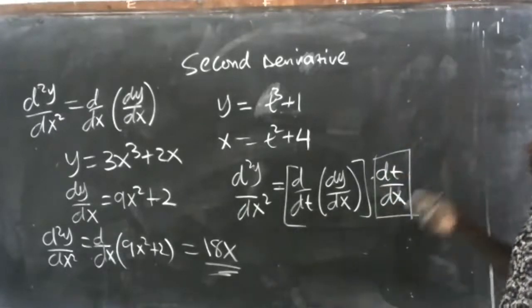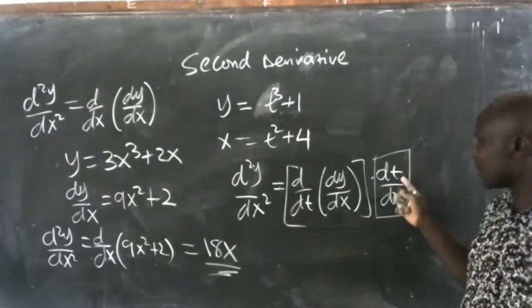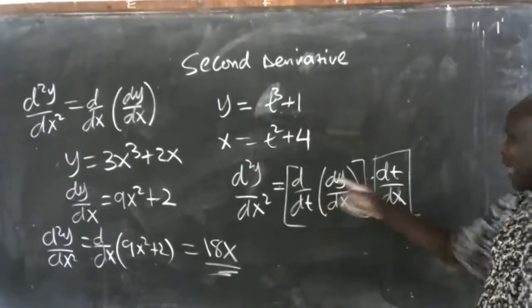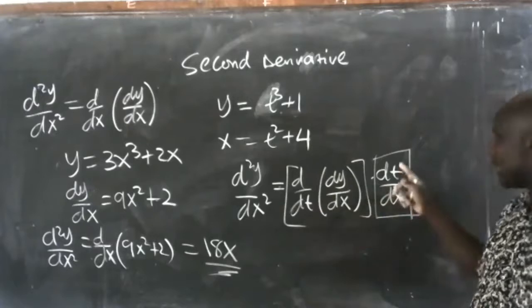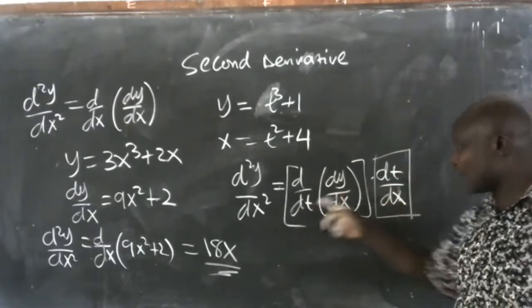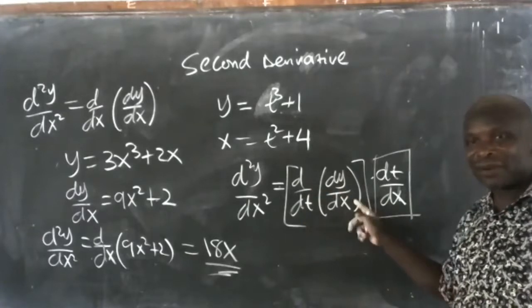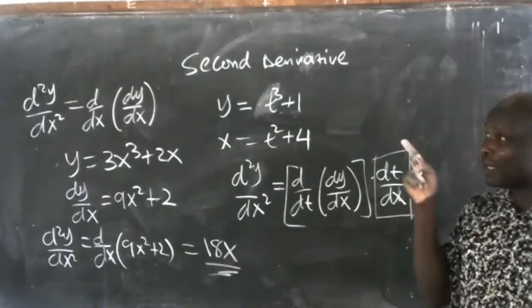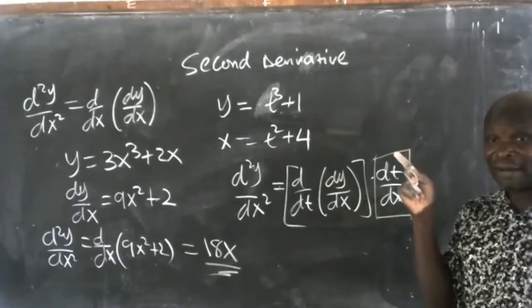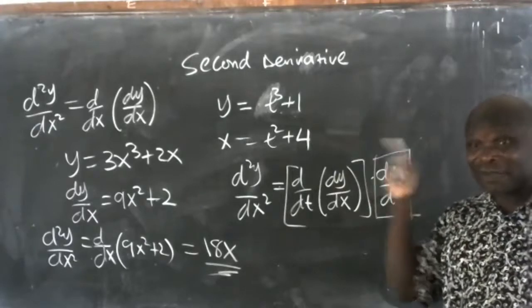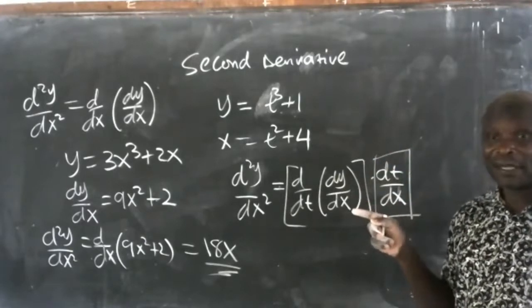The reason is that our definition says d/dx, but here we are having d/dt. So there should be a dt/dx here so that this dt can go with that and remain with d/dx of this, which is the same as our definition. So we must always have the right definition of the second derivative.